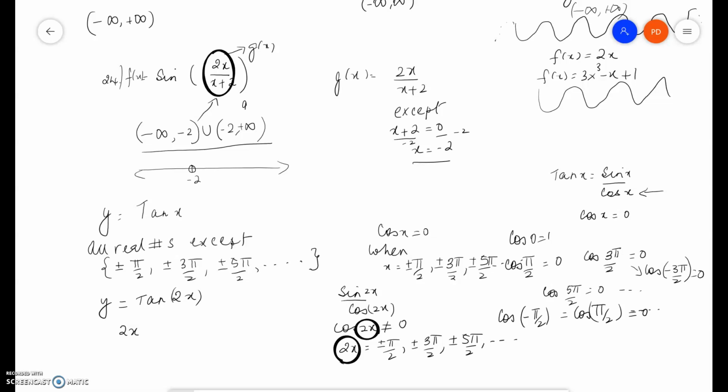So solving for x, we can divide both sides by 2. So we have x is equal to plus or minus, dividing by 2, pi over 4, then 3 pi over 4, dividing each number by 2, 5 pi over 4, and so on.